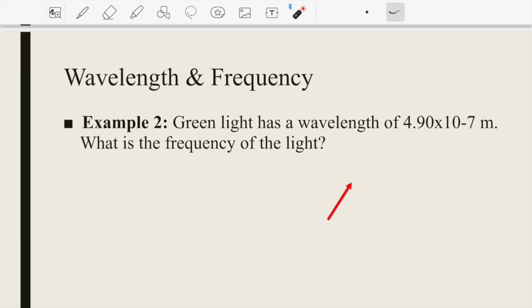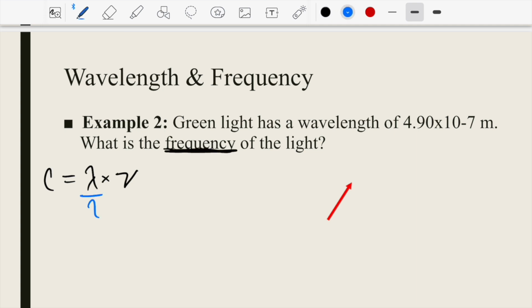Example number 2 says green light has a wavelength of 4.90 times 10 to the negative 7th meters. What is the frequency of the light? Well, once again, the wave speed equation is what relates frequency and wavelength. In this case, I'm looking for frequency, so I'm going to solve the equation for frequency by dividing both sides of the equation by wavelength.